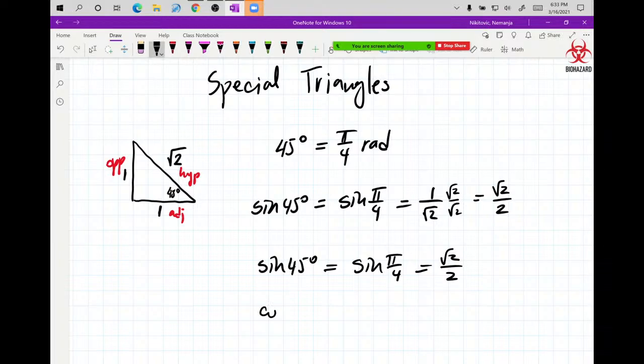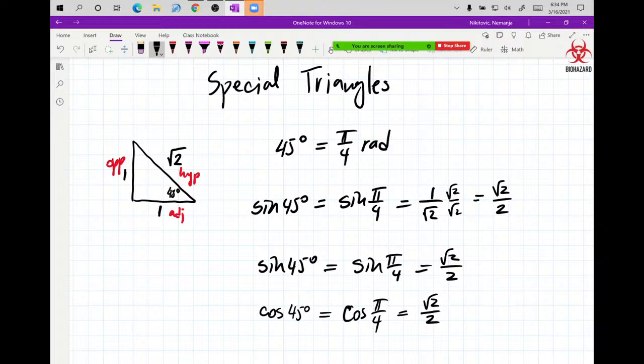We see that the cosine is going to have the same value because it involves the same numbers, 1 and root 2. So cosine of 45 is going to be square root of 2 divided by 2.